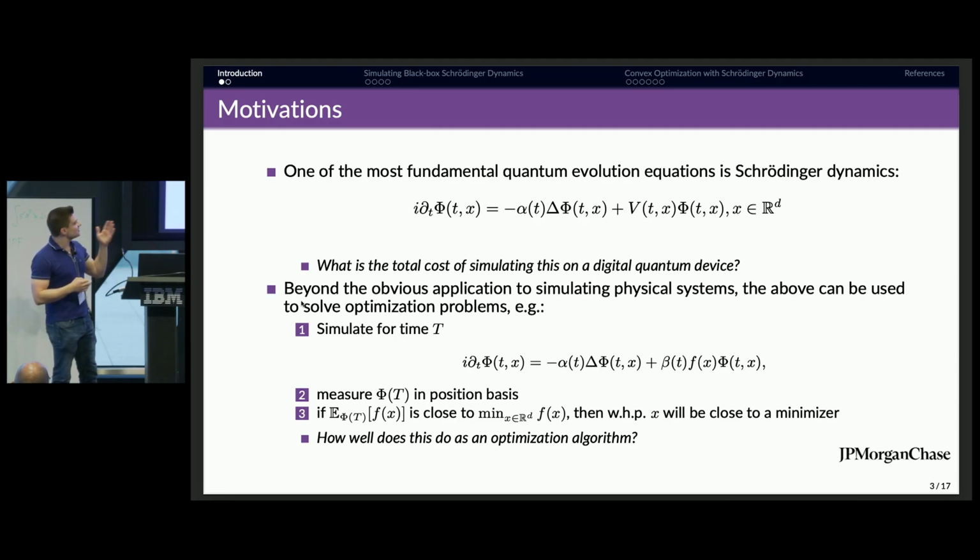You could plug it into your Schrodinger equation and run this on your digital device for a period of time, and you'll get some quantum state, which you then measure in the position basis. The hope is that the expectation in the position basis will be close to the minimum, and then you can use something like Markov's inequality to show that with constant probability you will measure something close to the minimum. Repeat it a few times and you can exponentially boost this probability. You also want to understand how well this does as an optimization algorithm.